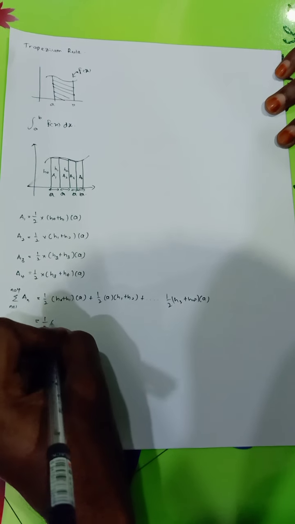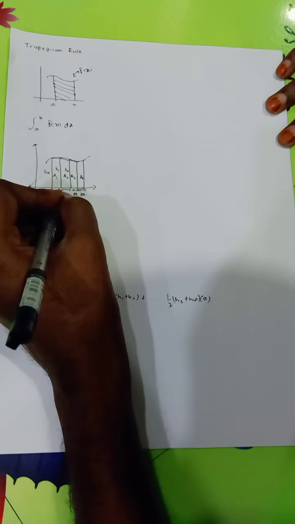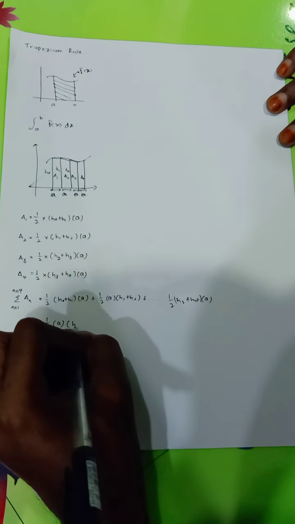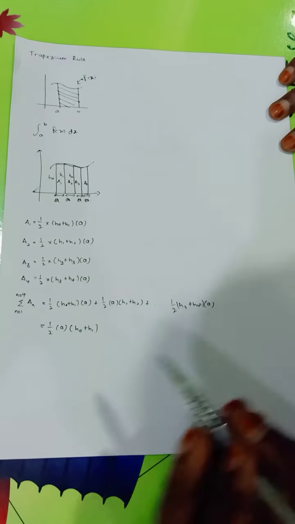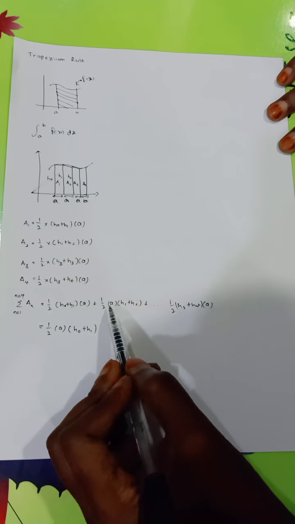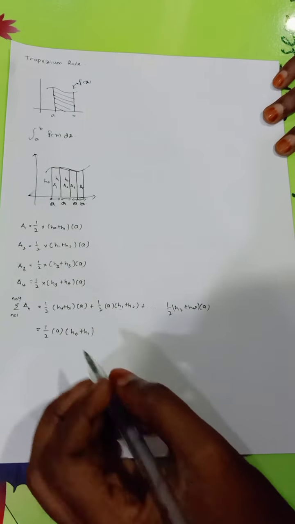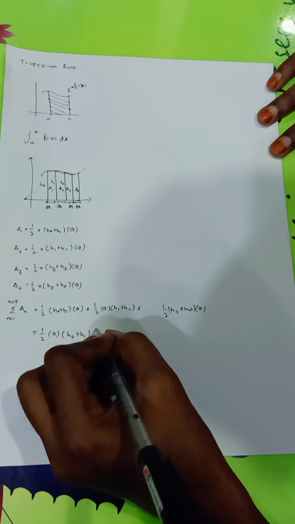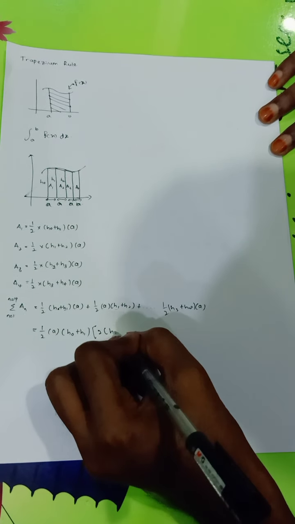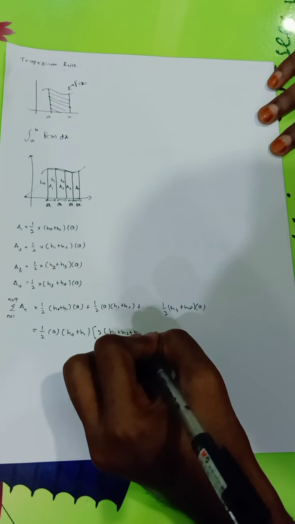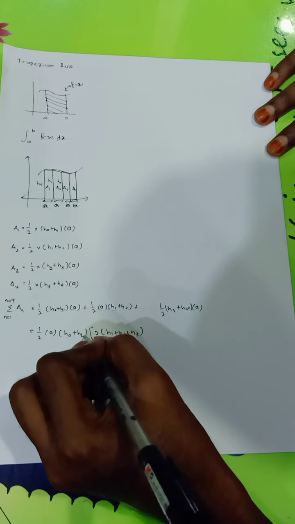Everything is going to be 1/2 multiplied by A, the width, multiplied by (H0 plus H1). If you notice, the H1 here and H1 here are repeated two times, so we are going to multiply with 2, multiplied by (H1 plus H2 plus H3). Sorry, here will be H4.